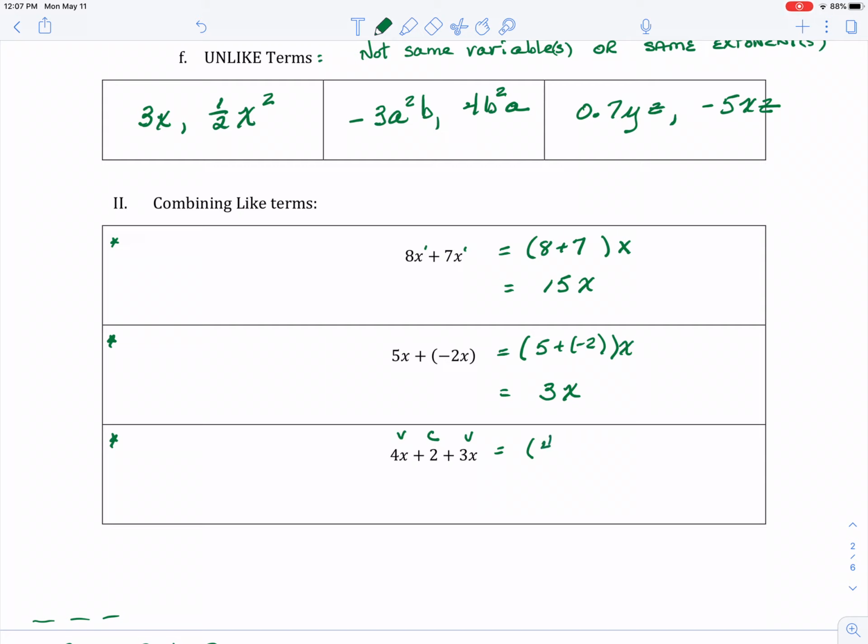I'm going to keep it the same. I want to combine the 4 and the 3. I want to keep the common x, and then this plus 2 out here is a constant term, and since it does not contain the letter x, it is not like the 7x. So these are unlike and they cannot be combined.